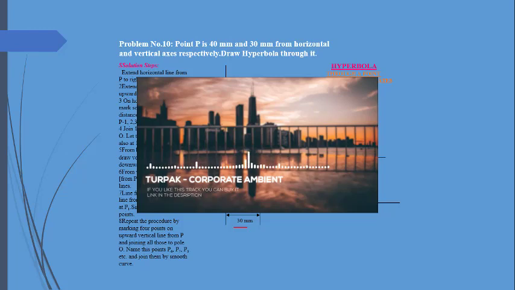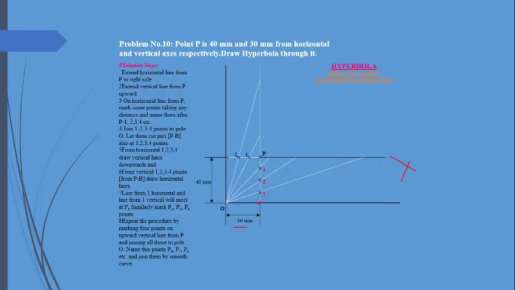Now extend the line from P to any other x. From the origin erect lines that will pass through point 1, point 2 and point 3, etc., and name them here 1, 2, 3, and 1, 2.